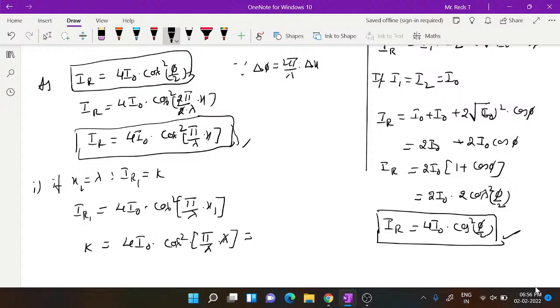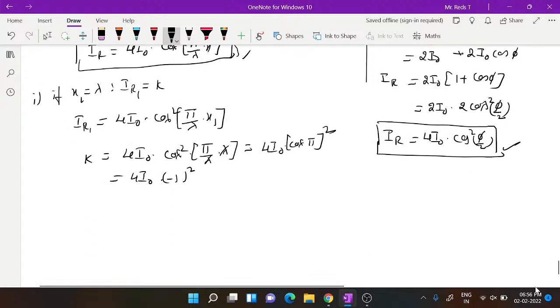This can be expressed as 4 I naught into cos square pi, which is cos pi whole square. Cos pi is -1. So you can write this as 4 I naught into -1 whole square. Got it? So -1 square is 1. So you can write k is equal to 4 I naught.